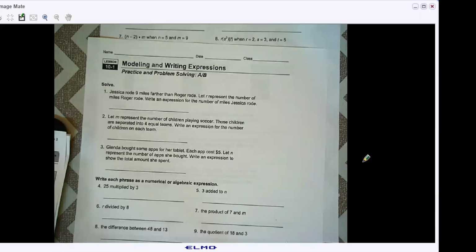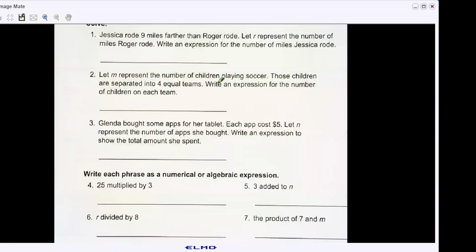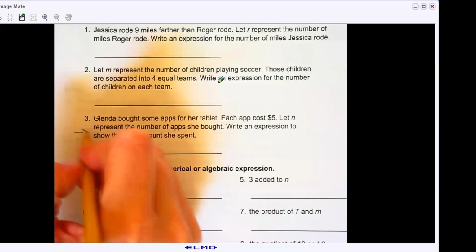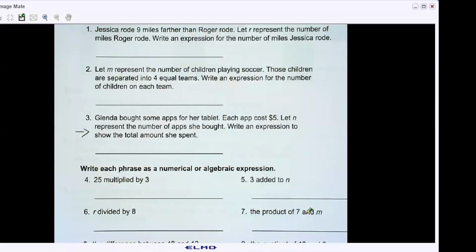So what's my unknown in that scenario? What do I not know? You can either shout it out or write it in the chat. I don't know the number of apps that she made, right?